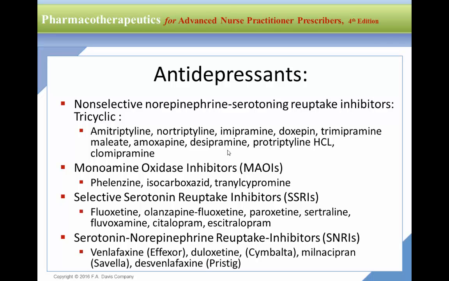You need to have 5 or more symptoms for 2 consecutive weeks, every day. That would be depressed mood most of the day, markedly diminished interest or pleasure in all activities, significant weight gain or loss, or decreased or increased appetite. So changes in weight and changes in eating habits.